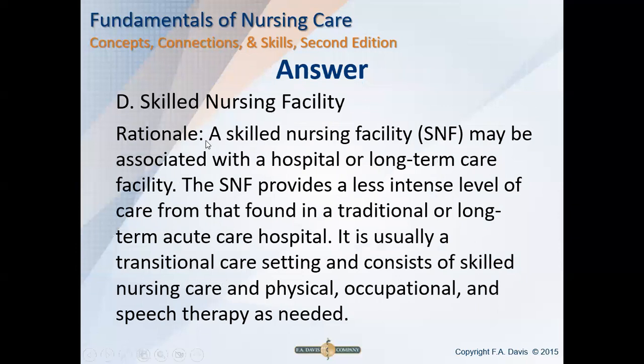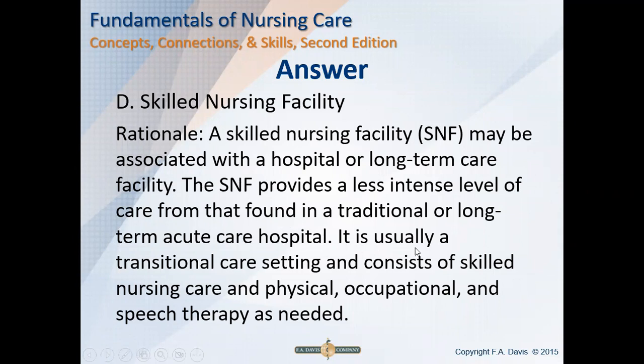What is the rationale? A skilled nursing facility may be associated with a hospital or a long-term care facility, right? The skilled nursing facility, shortly called SNF, provides a less intense level of care than that found in a traditional or long-term acute care hospital.